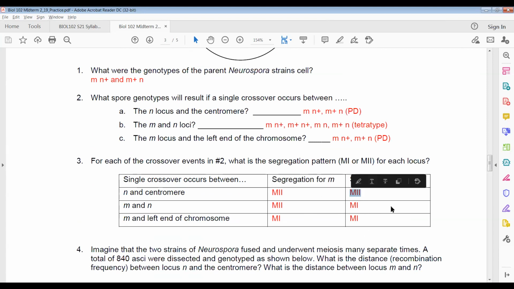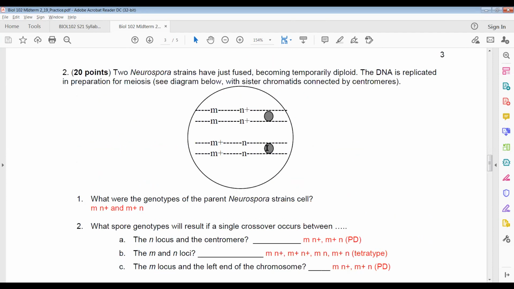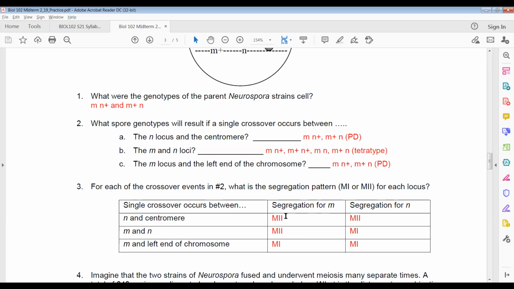For N, and the same for M, because if you have a crossover here, you will change the pattern between the centromere and N. You will simultaneously change the pattern between the centromere and M. So for both of them, they are M2 pattern.